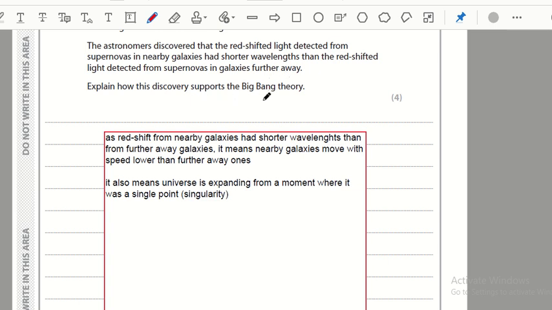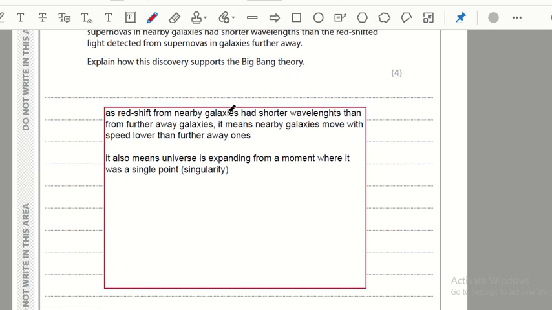Explain how this discovery supports the Big Bang theory. So, as the redshift from nearby galaxies had shorter wavelengths than those of galaxies further away, this means that nearby galaxies move with speed lower than further away galaxies.